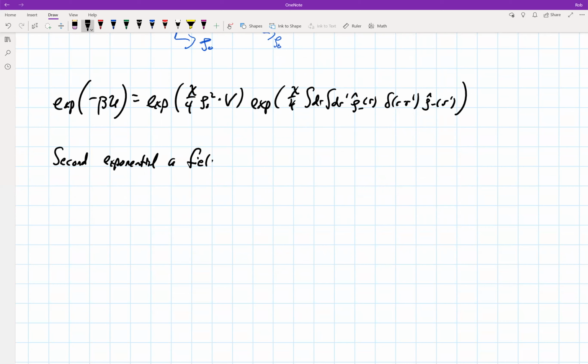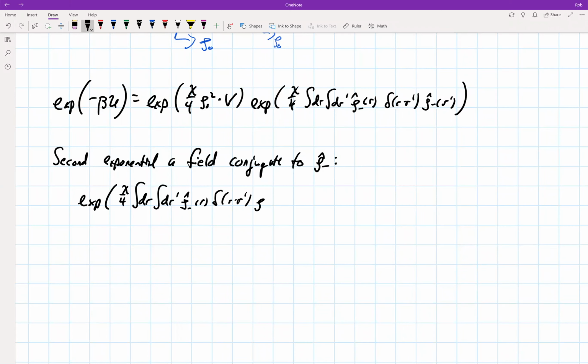Right, so we'll have this exponential chi over 4 integral dr prime rho hat minus of r, delta function r minus r prime, rho hat minus of r prime.